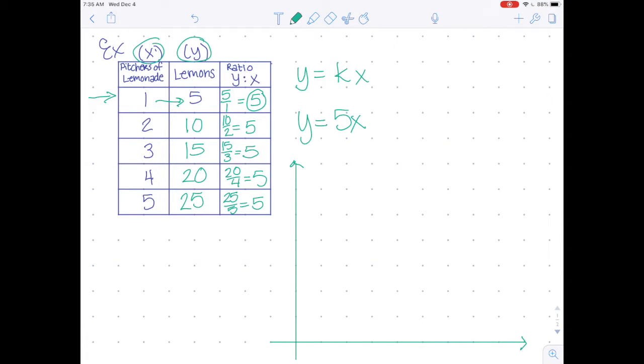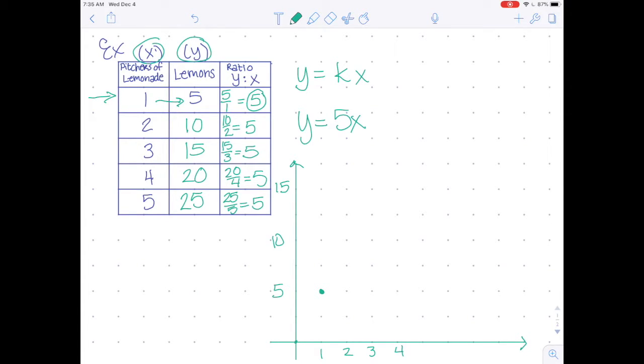So think about, if I have 0 pitchers of lemonade, then I need 0 lemons. So it's going to start in the center. When we had 1, we needed 5. So we're going to go over 1, up 5, and we're going to make these go up a little faster. These are still going to be 1, 2, 3, 4. Okay, so then we got to go over 1, up 5 for that spot.